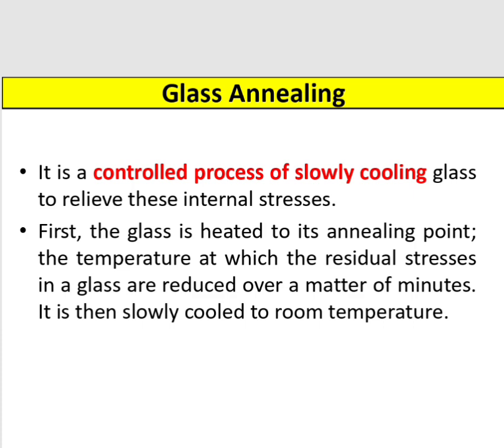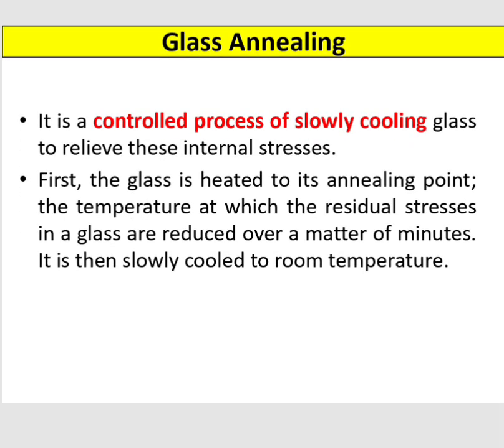For that purpose, we do the glass annealing process. First, the glass is heated to the anneal point, the temperature at which residual stresses in the glass are reduced over a matter of minutes. Then it is slowly cooled to room temperature.